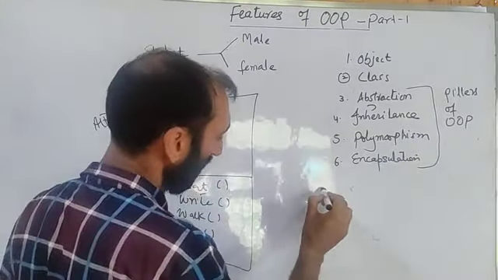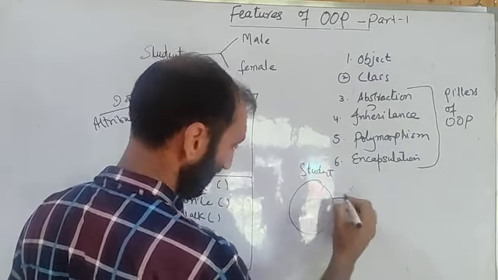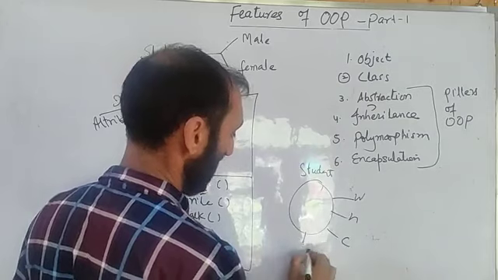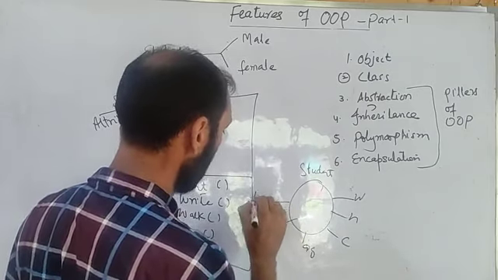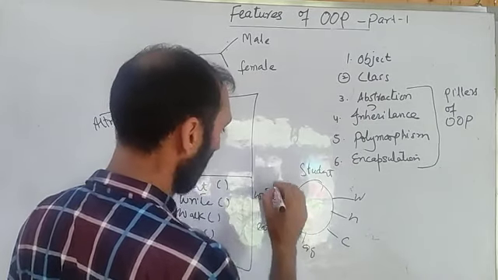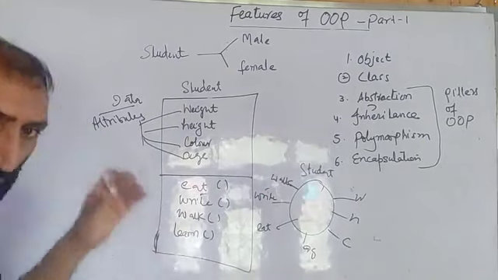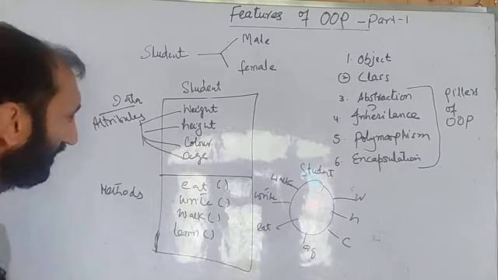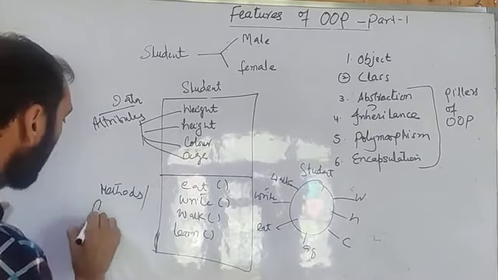Student is the entity, with characteristics like name, weight, height, color, age, and functionality like eat, write and walk. These are the methods, or functions.